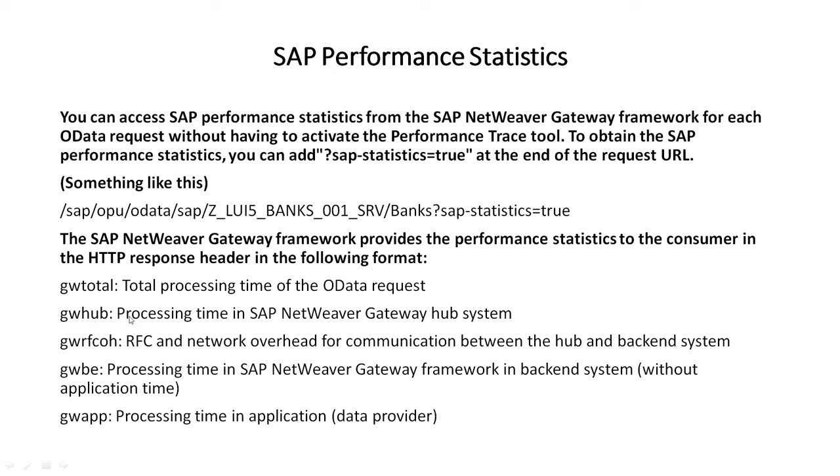This is the processing time in the SAP NetWeaver Gateway Hub system. Okay, and there is a gateway RFC overhead. If you are using a hub system, there is an RFC connection involved between your hub system and your backend system. So how much time it took for the RFC connection to pass the data from hub system to backend and from backend to hub system.